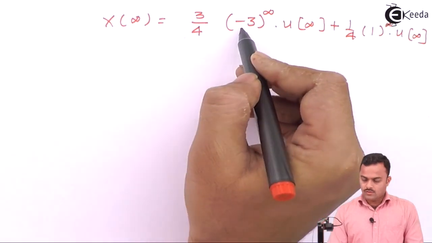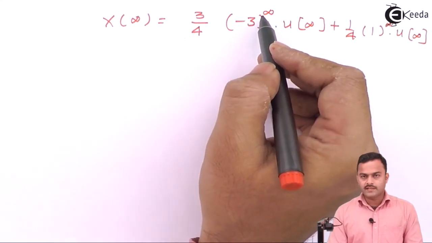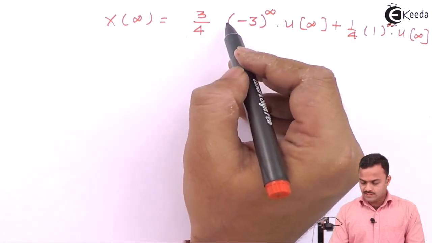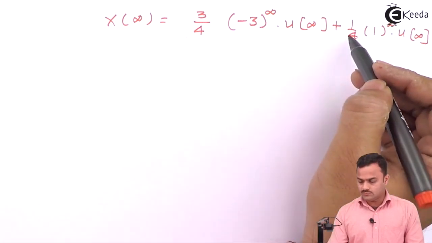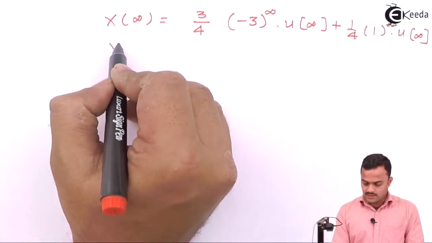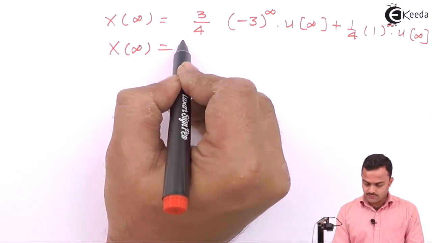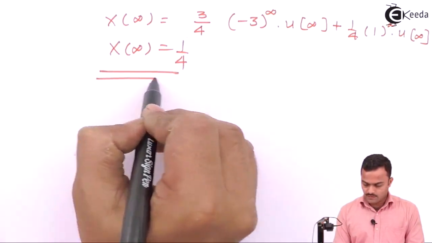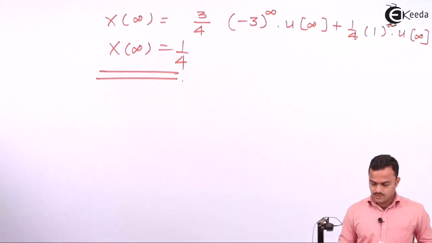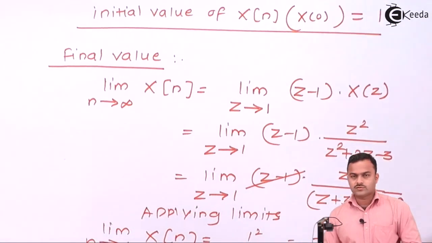Over here it's minus 3 raised to infinity, so we can say this tends to 0, and 1 raised to anything is 1 only. X of infinity we obtain as 1 by 4. So the final value through the signal is 1 by 4, and through the transform is also 1 by 4.